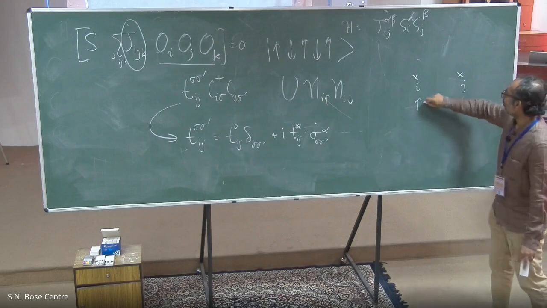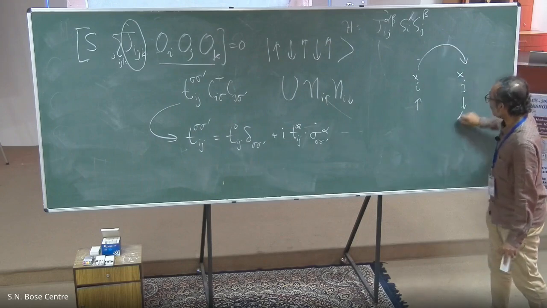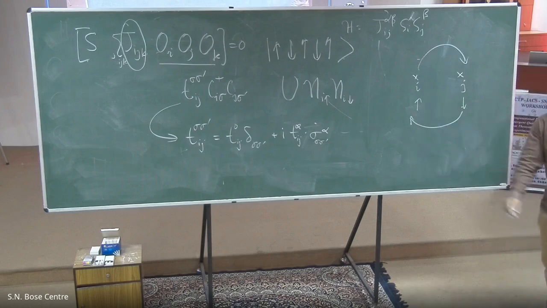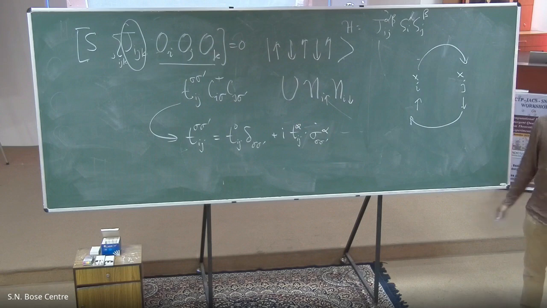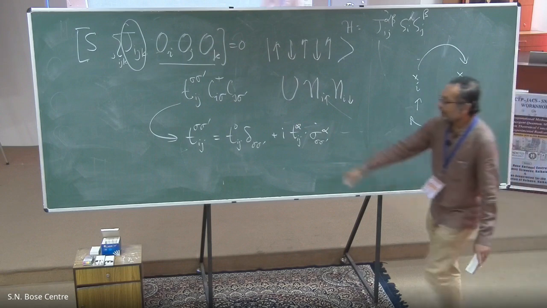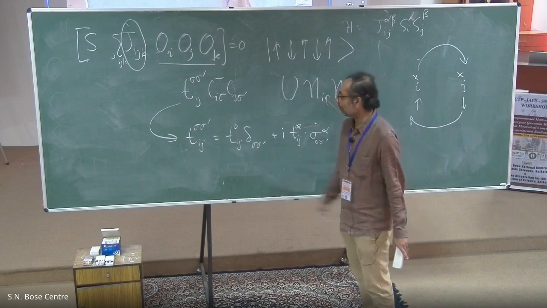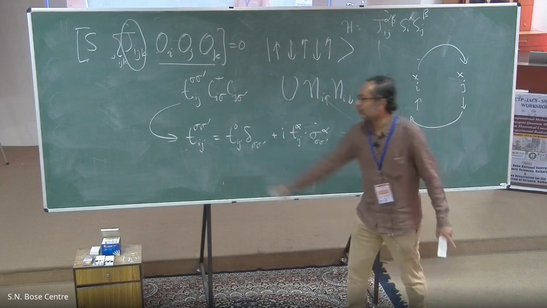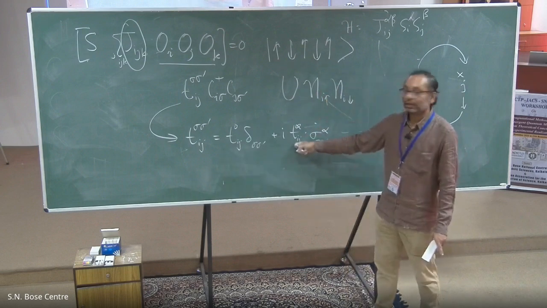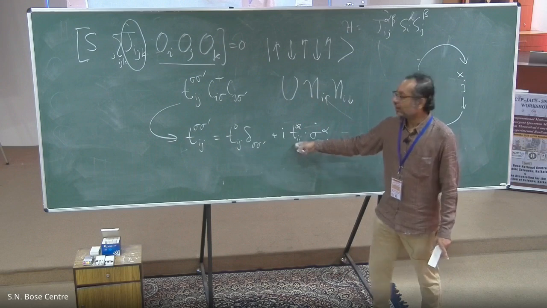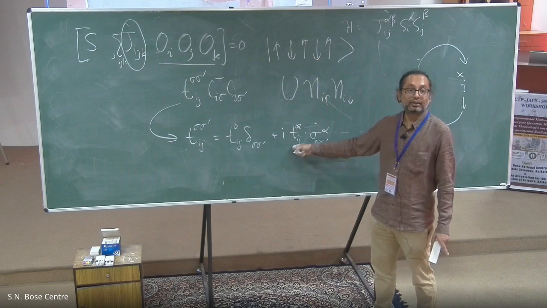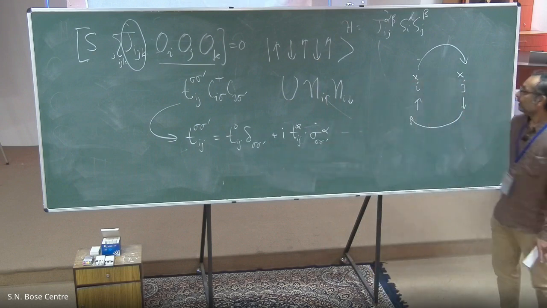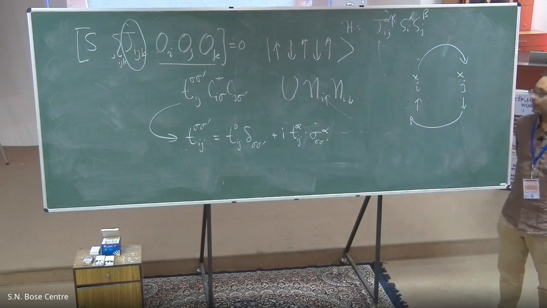I think about hopping and coming back. The intermediate step would cost an energy U, that's why this 1 over U. But now I have many ways to hop, many amplitudes to hop. I actually have 4 amplitudes to hop, one here and three here. One of them is spin independent and three are spin dependent. So now I can think about various hopping processes.